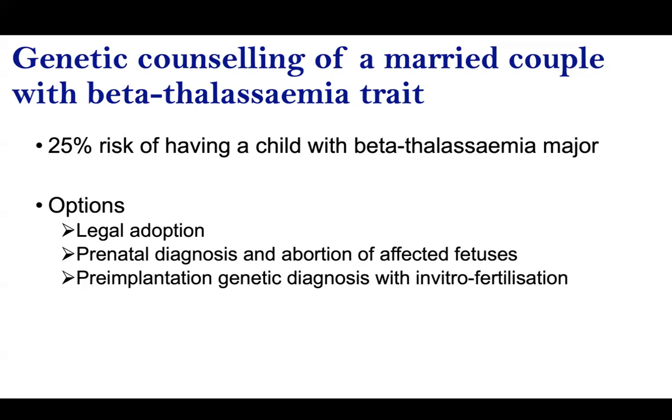We have seen the suffering of the family. One option is legal adoption, but other options are available nowadays. You can go for prenatal diagnosis along with in vitro fertilization. But those are probably not advices you will be giving in general practice, so refer to a specialist on that.